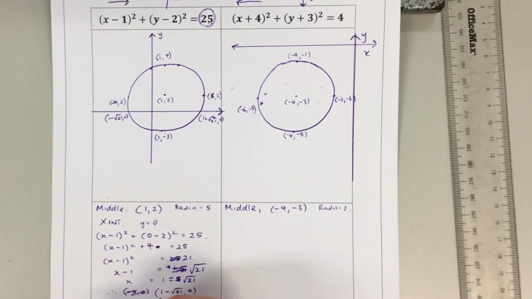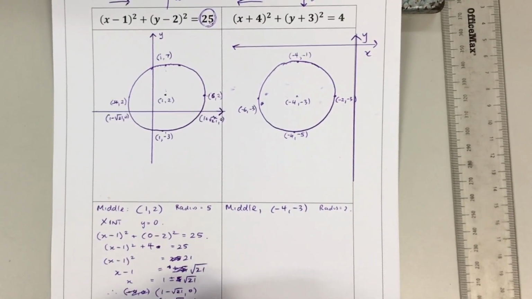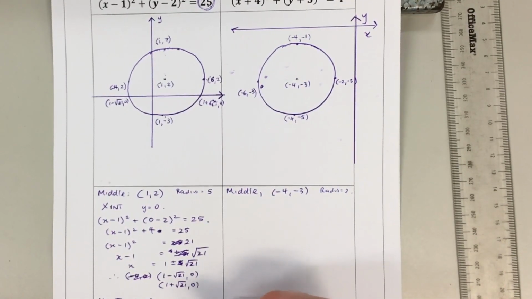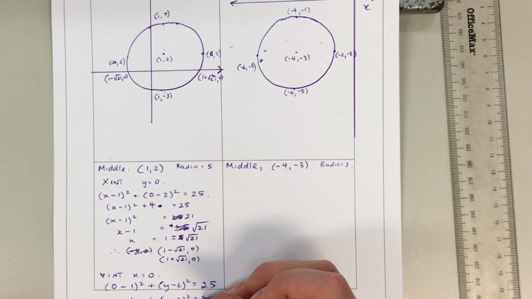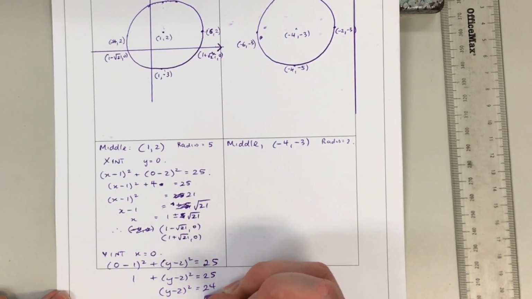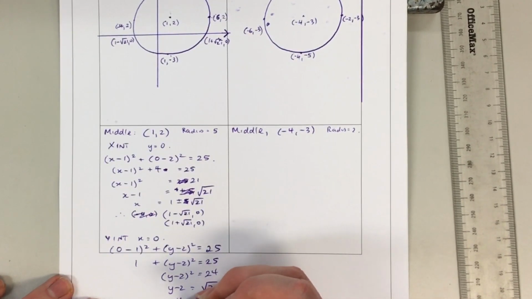And then y-intercepts, you make x equals 0. So 0 minus 1 squared plus y minus 2 squared is equal to 25. 1 plus y minus 2 squared is equal to 25. Y minus 2 squared is equal to 24. Y minus 2 is equal to plus or minus the square root of 24.